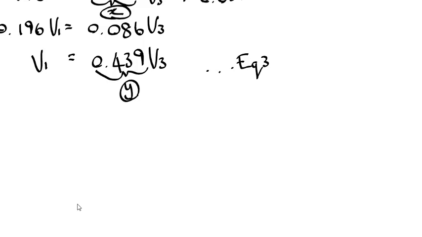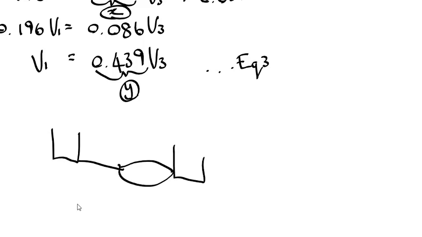So now that we have another equation, we also know now that the head loss, or the static head, in this case, for there to be flow, if we look at our pipe layout again, we have our reservoir, we have our pipe, we have two pipes, and we have another reservoir.